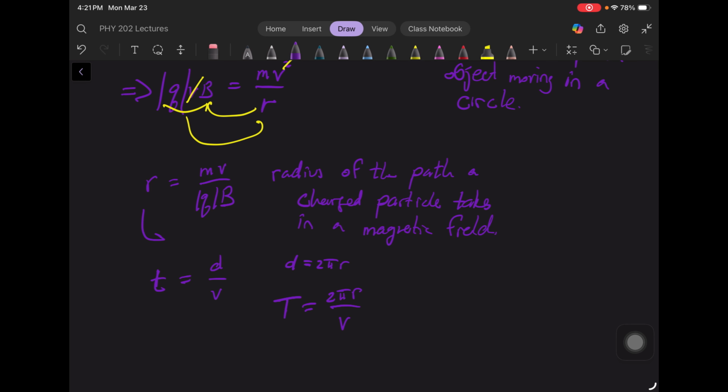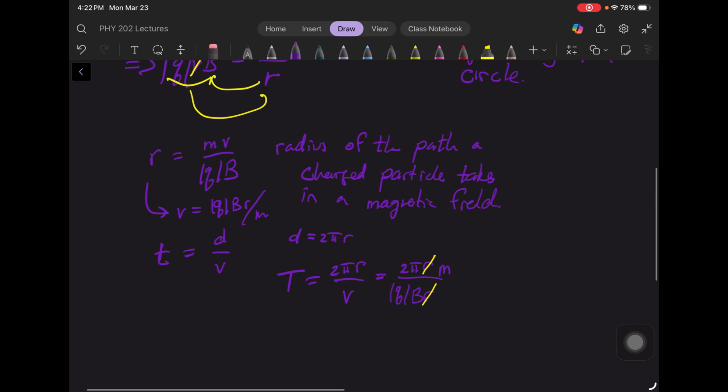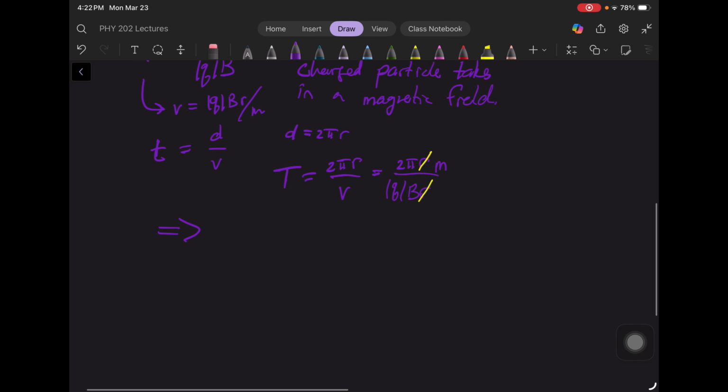And we can rearrange the earlier equation for v, and we get v is equal to qBr over m. And so we have our 2 pi r divided by that qBr, and that's over m, so I'm just going to put the m up here. And look at that, the r's cancel. That's interesting. And so we end up with the period as 2 pi m over qB.